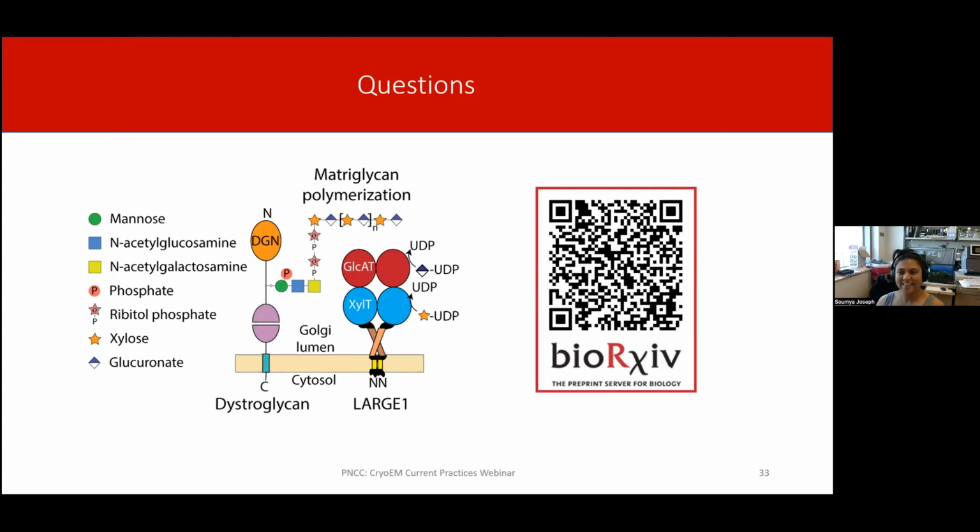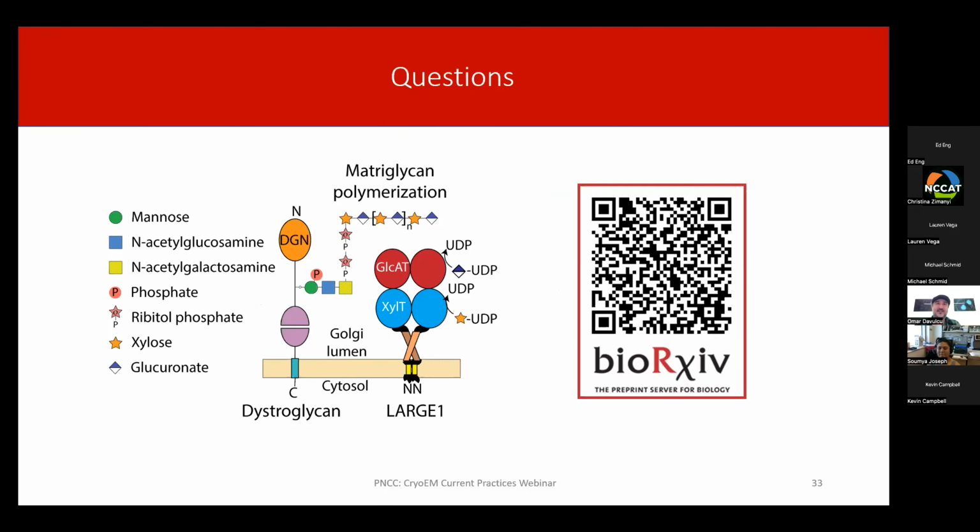And then, you mentioned that the matriglycan is passed from one domain to the next. Is there any indication how it might be held and actually transferred between these alternating sites? Yeah, so how it's held, I'll answer that one first. We know that the globular domain here, DGN, is absolutely necessary to make that punctate band.